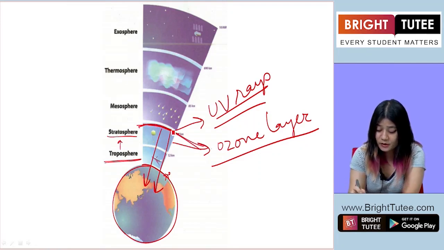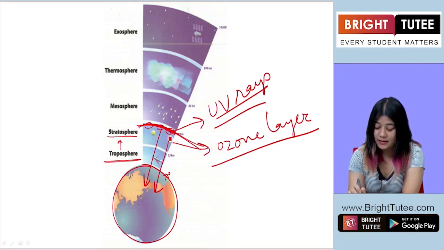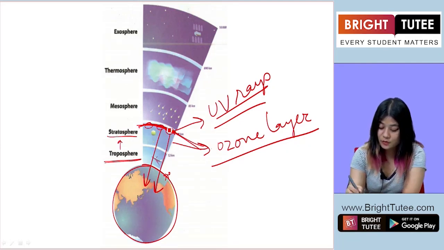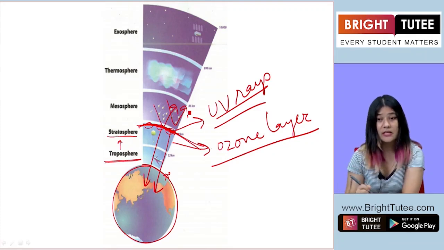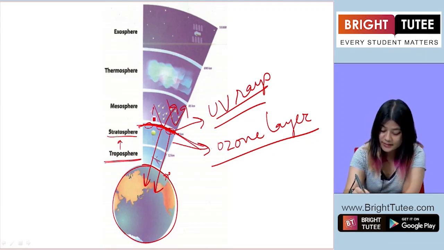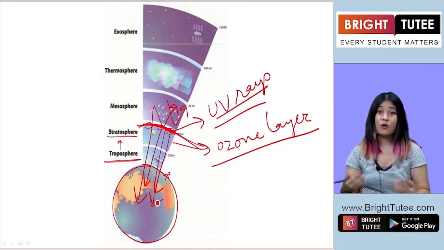Alright. So if this layer becomes thin or porous, if there are holes made in the ozone layer, then the UV rays cannot be stopped from entering, but can go directly into the surface of the earth and cause harm.